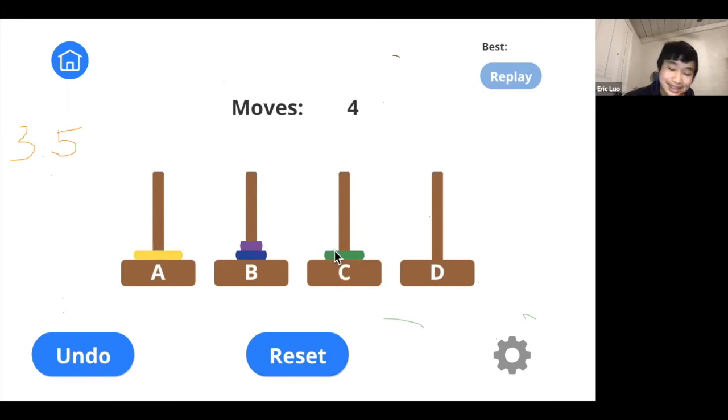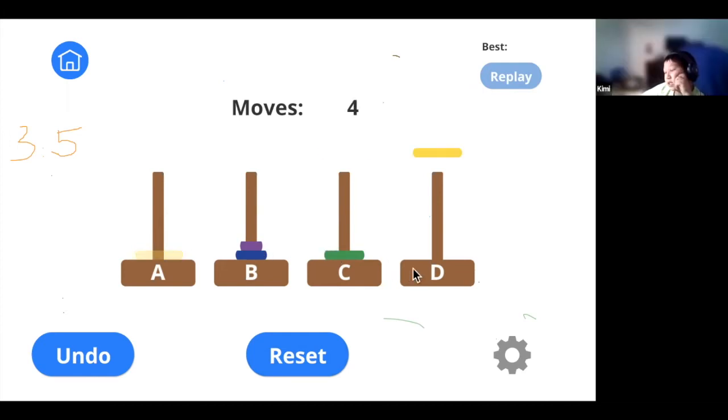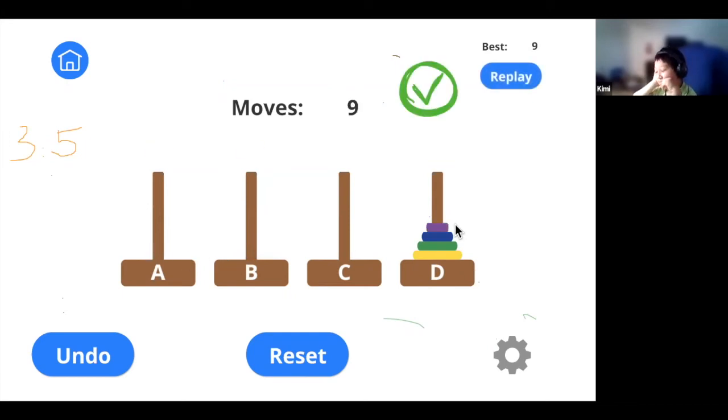Yellow ring to D. C ring to D. Purple to A. B to D. A to D. Wait, oh, I get it. Yeah, great, you got it.